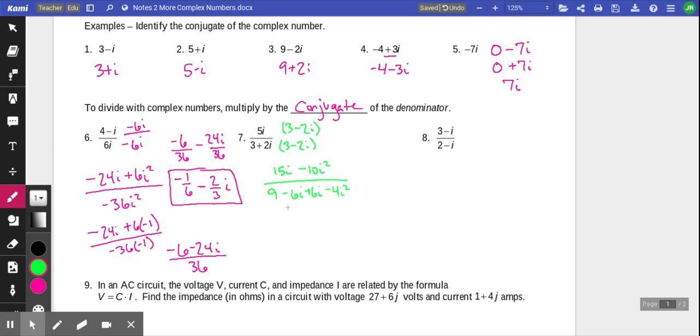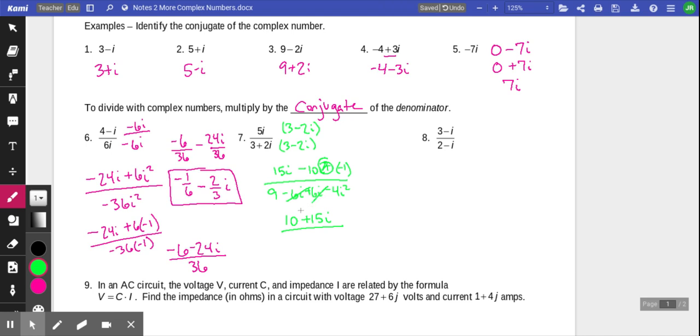2i times 3 is positive 6i, and 2i times negative 2i is negative 4i squared. All right, so replacing my i squareds and combining like terms. In my numerator, my i squared right here gets replaced with negative 1. So negative 10 times negative 1 is positive 10 plus 15i over, and in my denominator, my negative 6i plus 6i cancel out as complex conjugates.